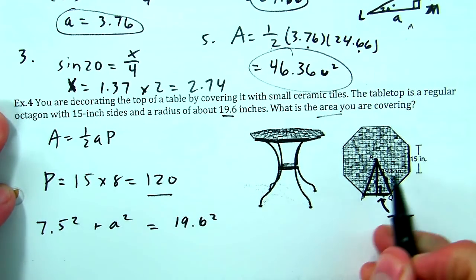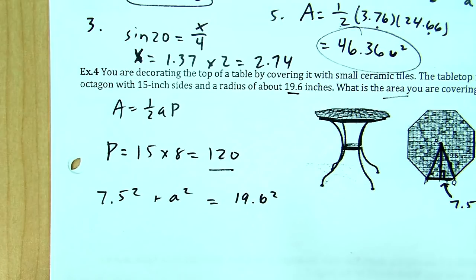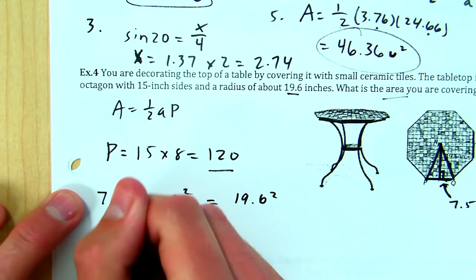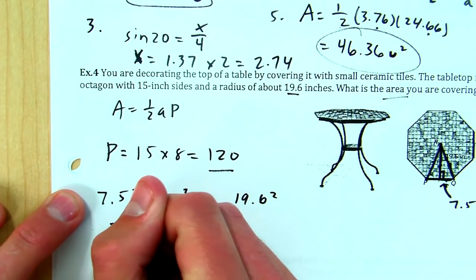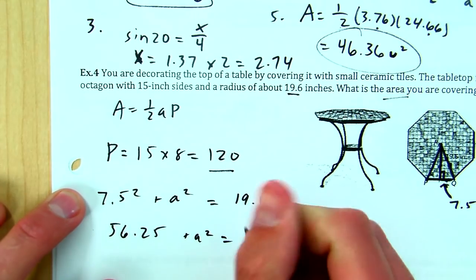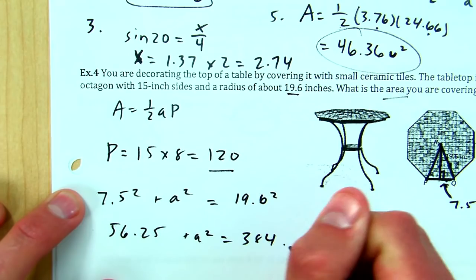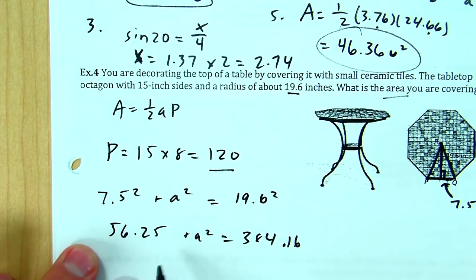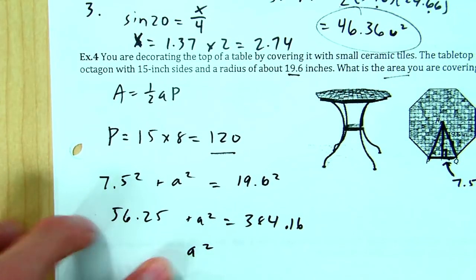A squared plus b squared equals c squared. 7.5 squared plus the apothem squared is equal to 19.6 squared. So you do 7.5 squared and you get 56.25. 19.6 squared in my head is 384.16. I'm a mathematical genius. Subtract 56.25 from each side.